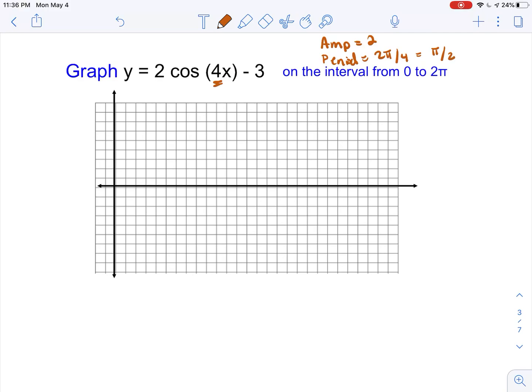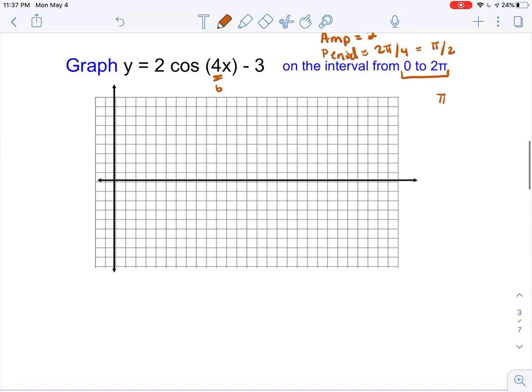So my period is pi over 2. So we should see one full cycle in pi over 2 units. Now, noting that my frequency is 4, since I'm graphing from 0 to 2 pi, I will have 4 full cycles on this graph.